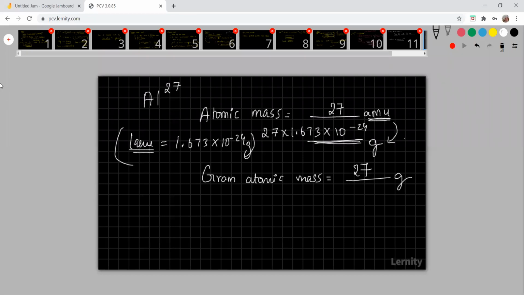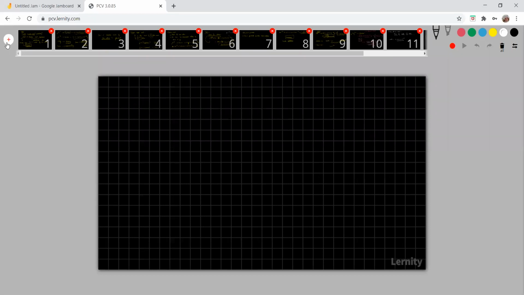Anyway, I'm giving you another example. Mass of an atom is 24 into 1.673 into 10 power minus 24 grams.